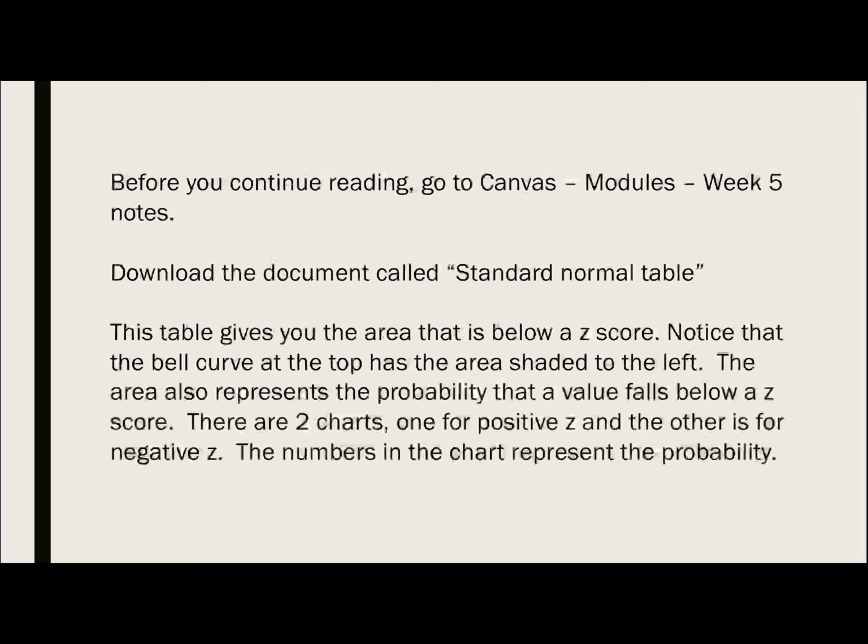This table gives you the area that is below a z-score. Notice that the bell curve at the top has the area shaded to the left. The area also represents the probability that a value falls below a z-score. There are two charts, one for a positive z and the other for a negative z.